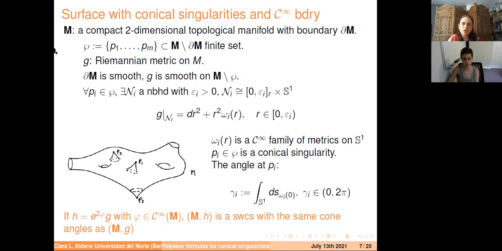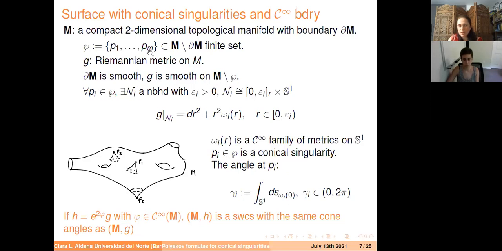We start with a compact two-dimensional topological manifold with boundary and a finite set of points, P1 to Pm, that is contained in the interior of the manifold. So we don't allow conical points at the boundary. And g is a Riemannian metric on M minus these points, so on the interior. And the boundary is smooth. g is smooth on the rest.